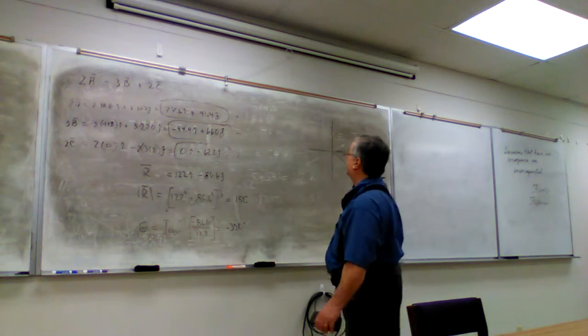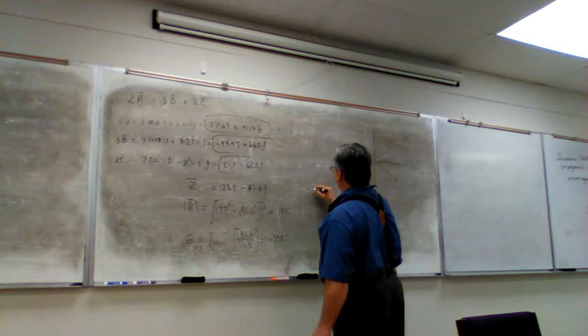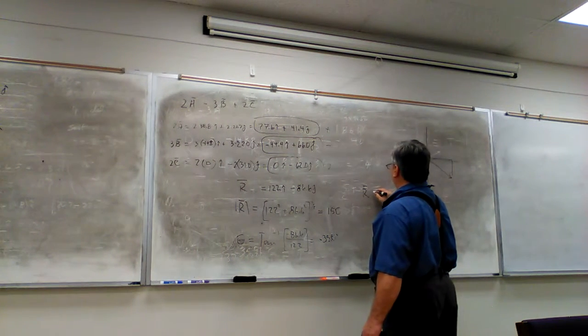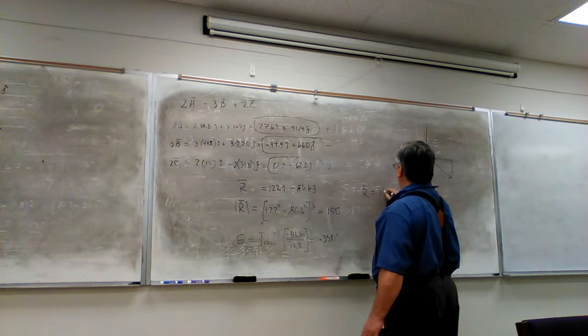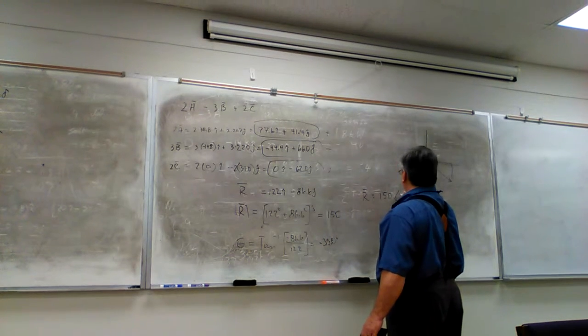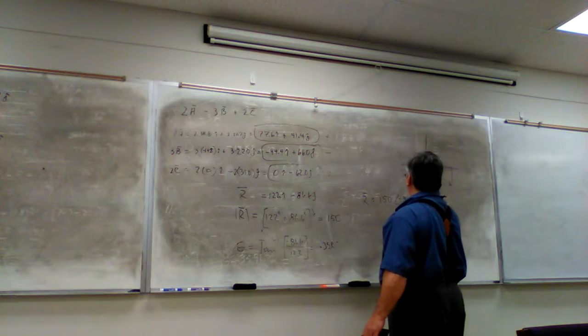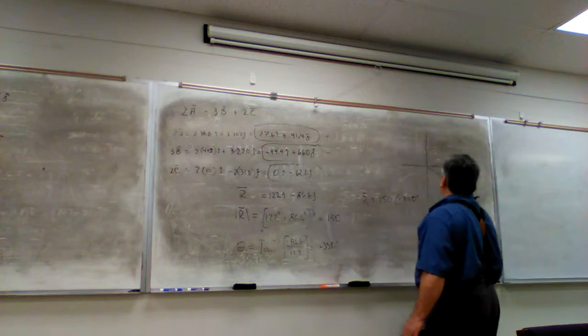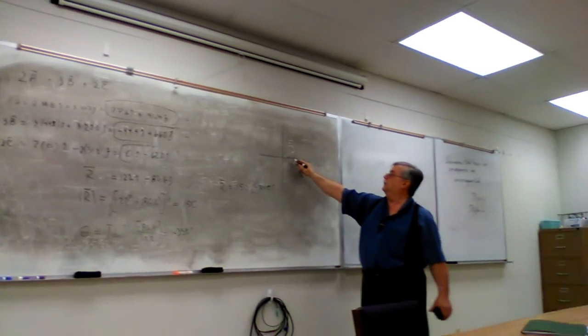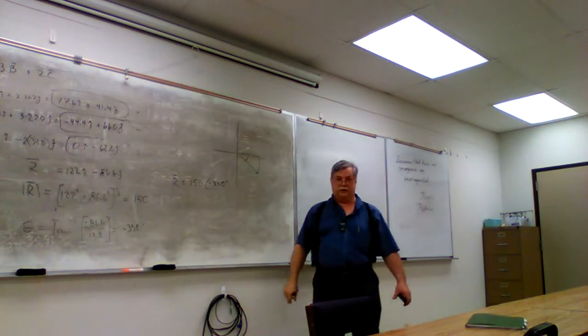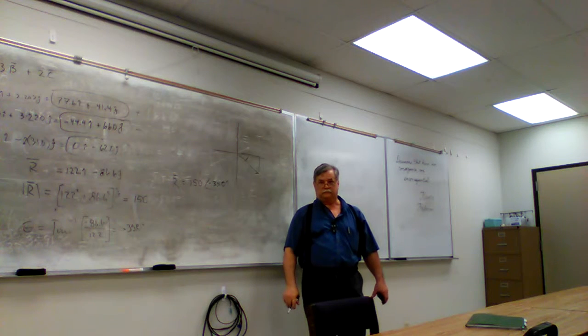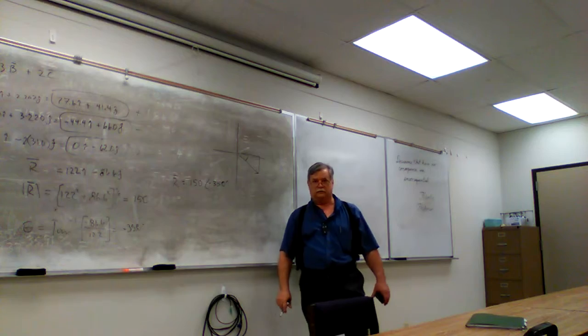Okay. So our resultant vector R in polar form is 150 units at an angle of minus 35 degrees. And you'll notice it is putting us in the right direction. So we don't have to worry about adding 180 degrees to it.